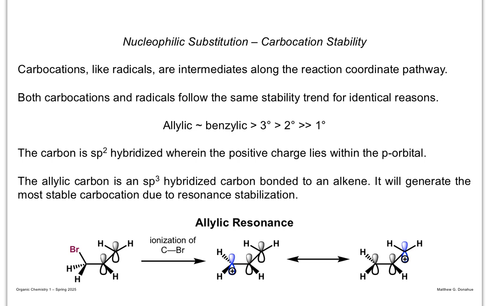So the substrate gets ionized, it forms a carbocation. What is the stability trend for carbocations? Why does this mechanism prefer tertiary? And why do primary substrates not react?